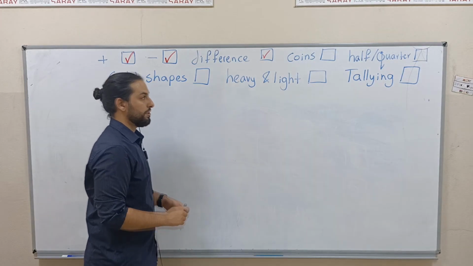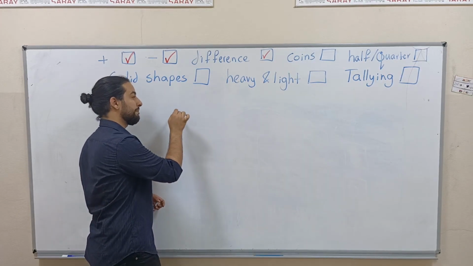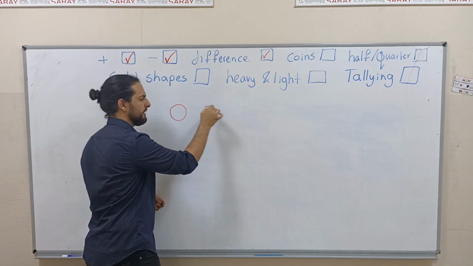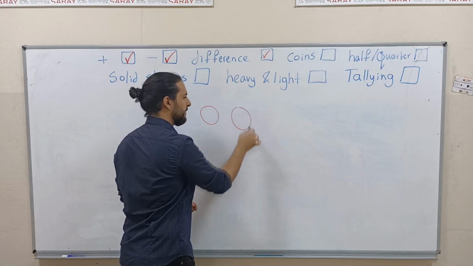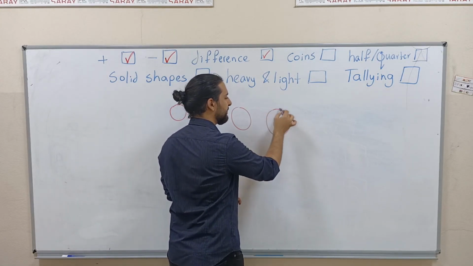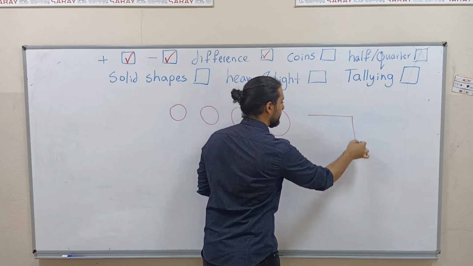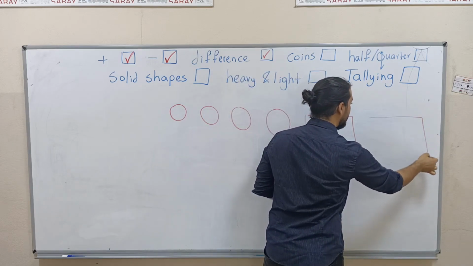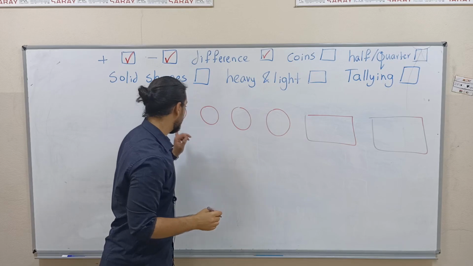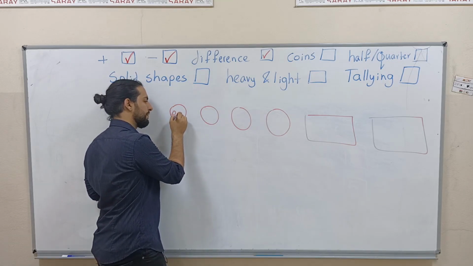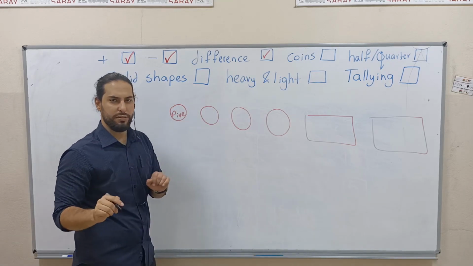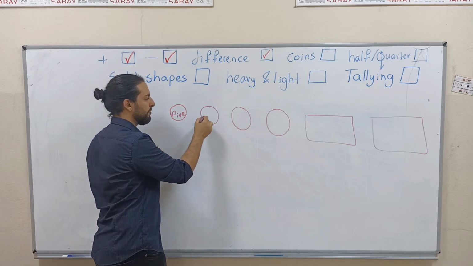Coins. Now, as far as coins go, we have a couple of coins: 5, 10, 25, 50, $1, and $5. So here we will have the name of the coin. All of these are in the book, so you can use that to memorize them.